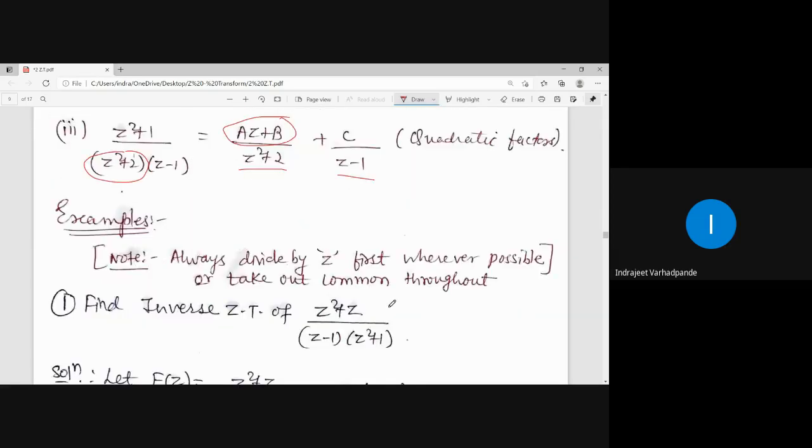Clear? The main important point to be noted in the examples when we solve by the partial fraction method is to always divide by z first wherever possible, or take it out common whenever feasible. Why am I telling you to take z common or outside?